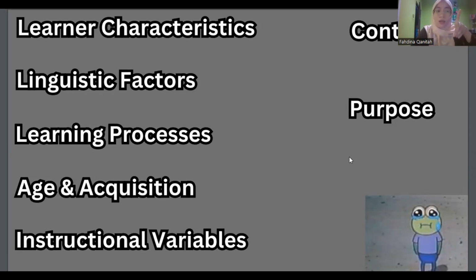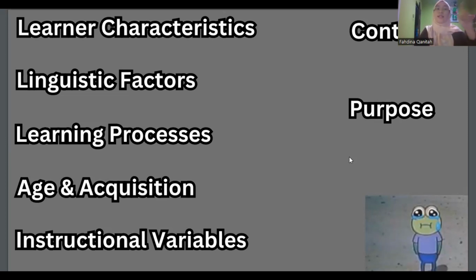What does it mean when we say someone knows how to use a language? What is the meaning of someone knowing a language? We need to be aware of that kind of question. And also what kind of material our learners must master. Those are the basic questions that we have to be aware of based on the linguistic factors.